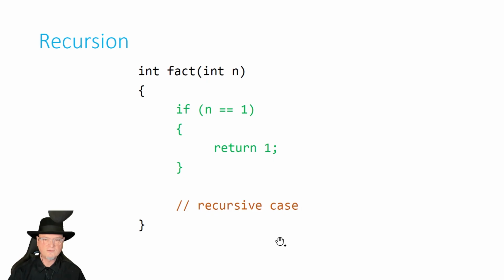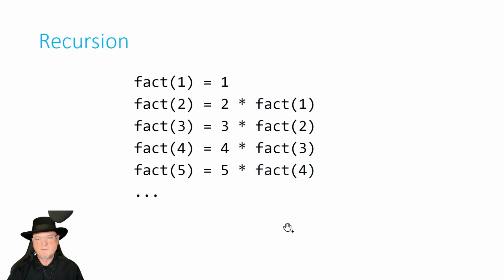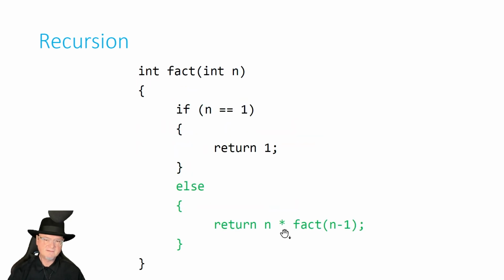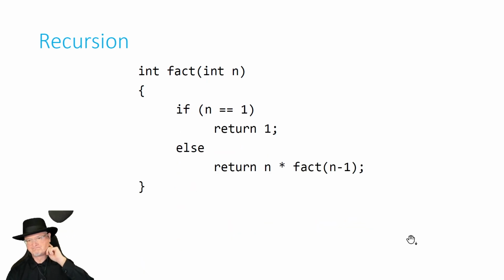What's the base case? If n is equal to 1, we just return 1, because factorial of 1 is 1. Now we need to define the recursive case, the elegant part of this, and we already looked at that: we're going to return n times factorial n minus 1. Okay, so this is the classic factorial algorithm.